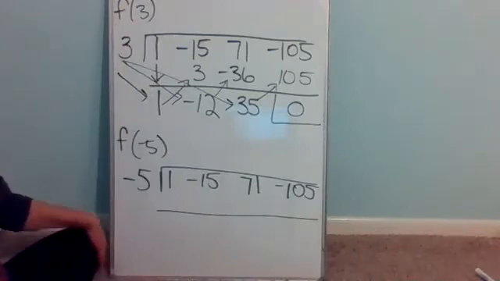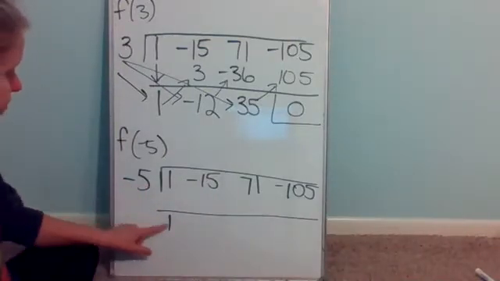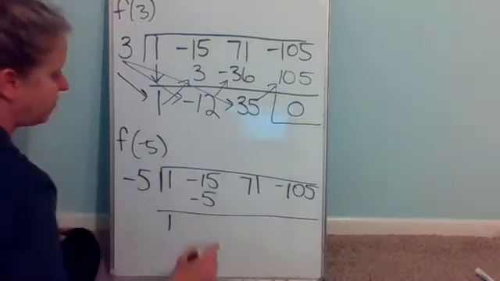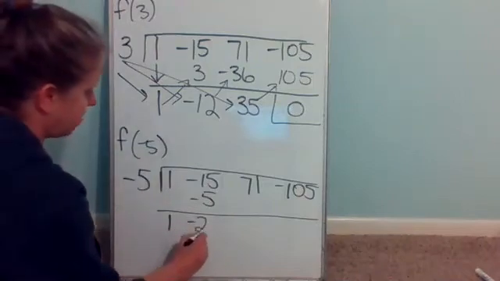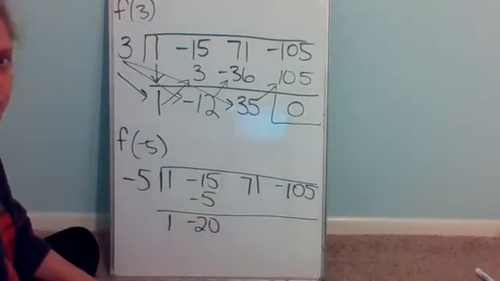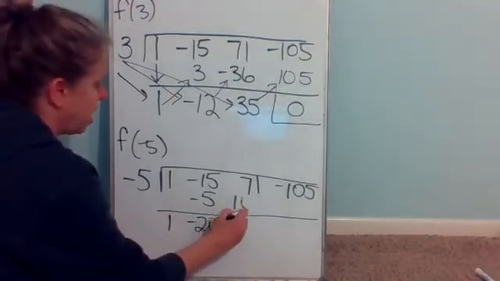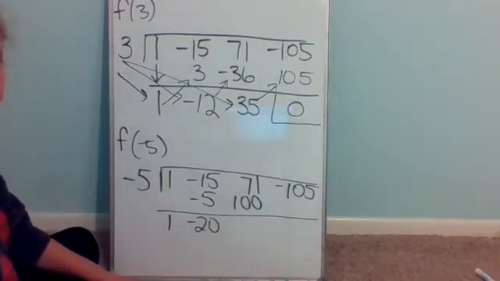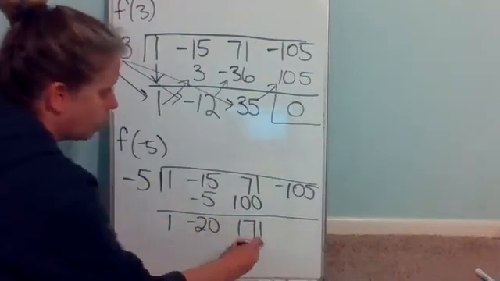Drop down your 1. Negative 5 times 1 gives me negative 5. Combine those: negative 15 and negative 5 is negative 20. Negative 5 times negative 20 is positive 100. When I add that, I get 171.